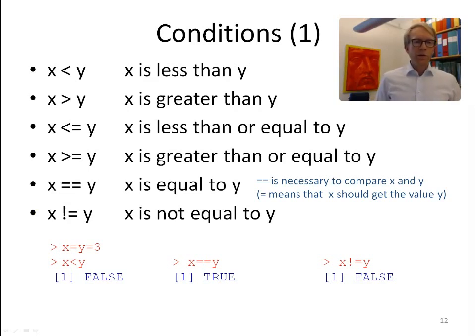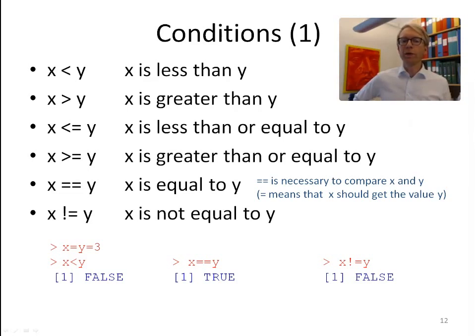As you can see in the first case, you assign the value 3 to both x and y. So x is 3 and y is 3. And then you use the condition x less than y. When you type this, R returns false, because this condition is not met.